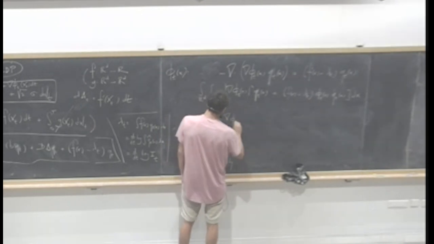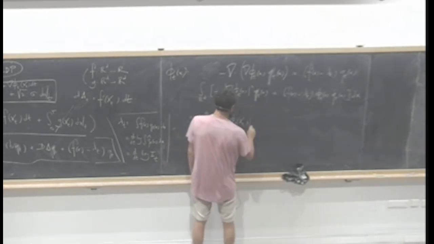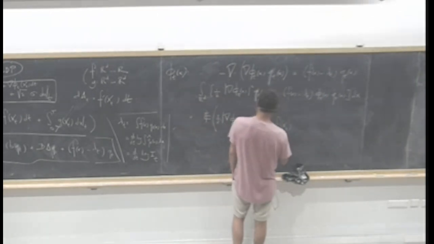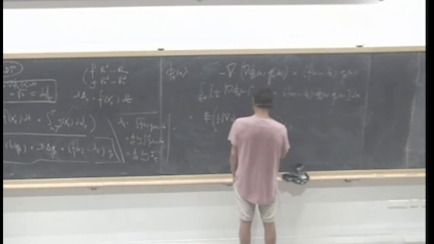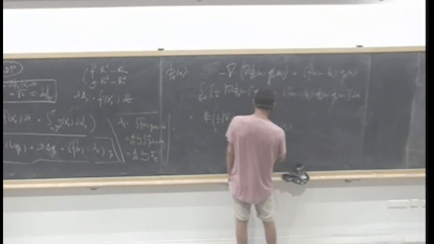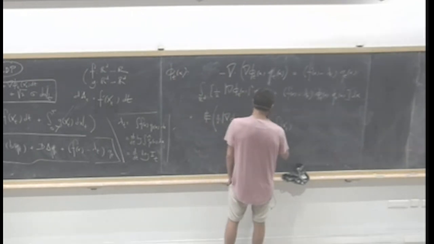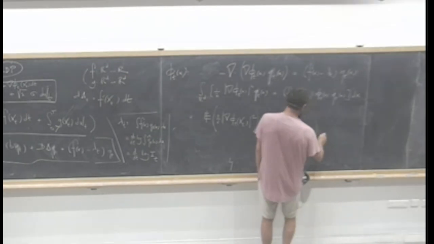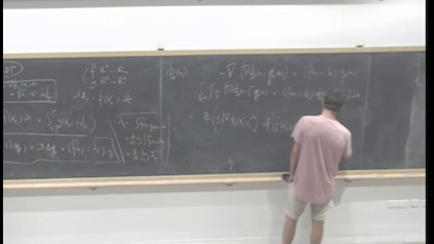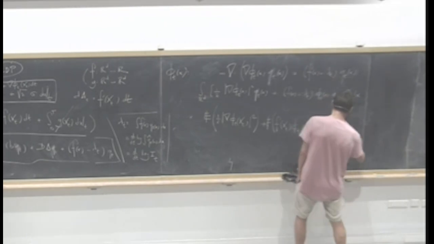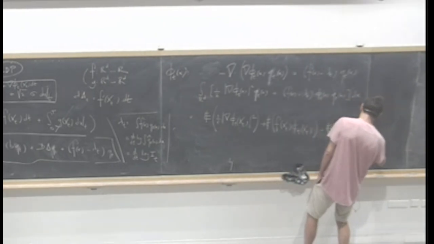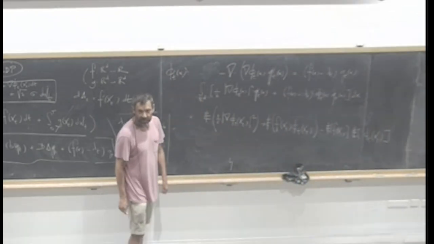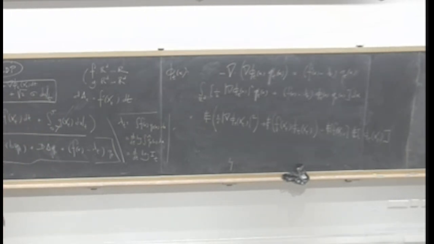This is the last formula I write. Okay, but let me write it like this. This loss is an expectation over this process.